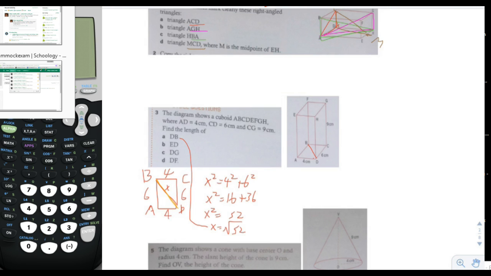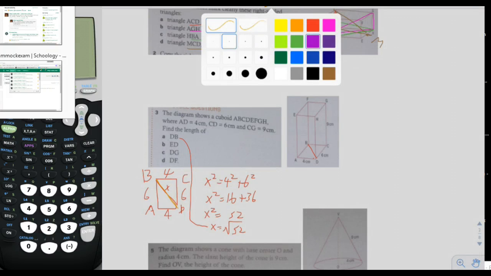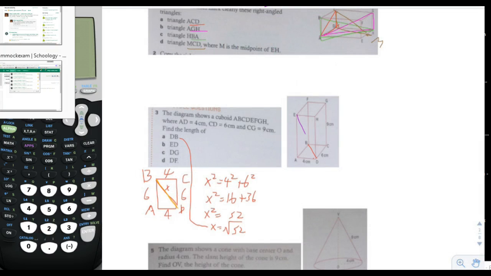Okay. What about ED? Can we figure out ED? ED would be that line right there. Now let's draw this triangle out. So we have E, D, and A. We know that the height is 9, and we know that the width is 4.